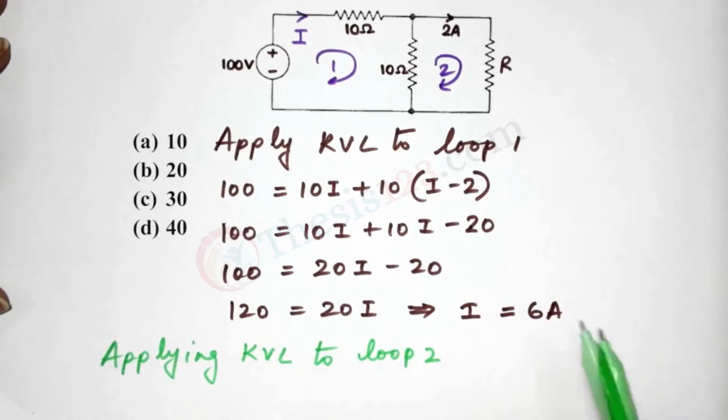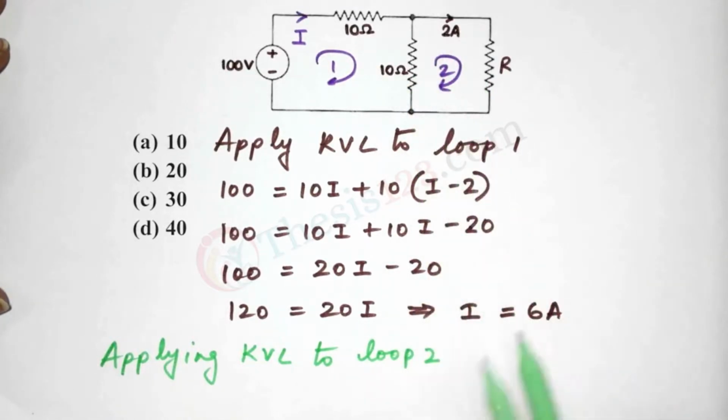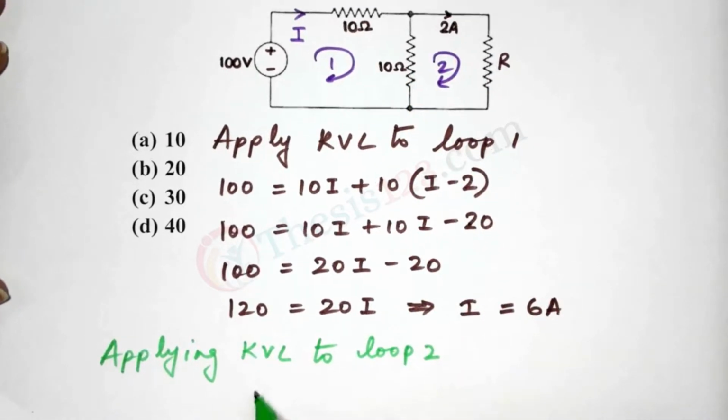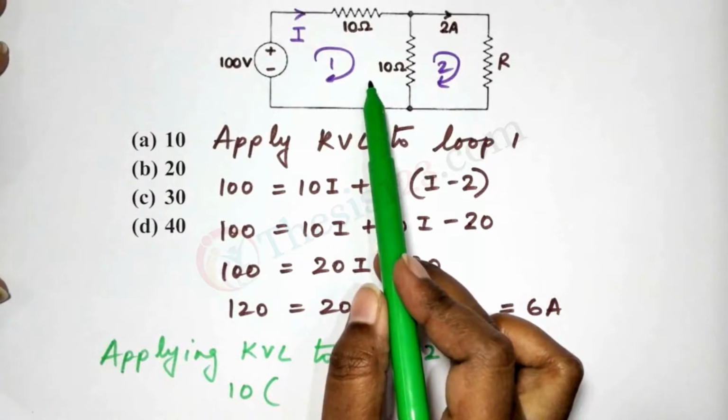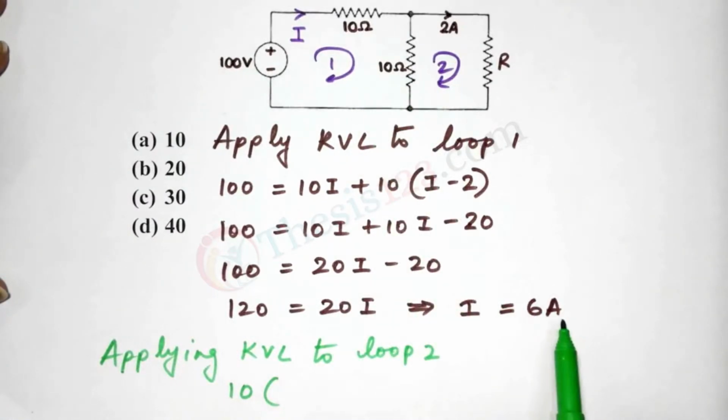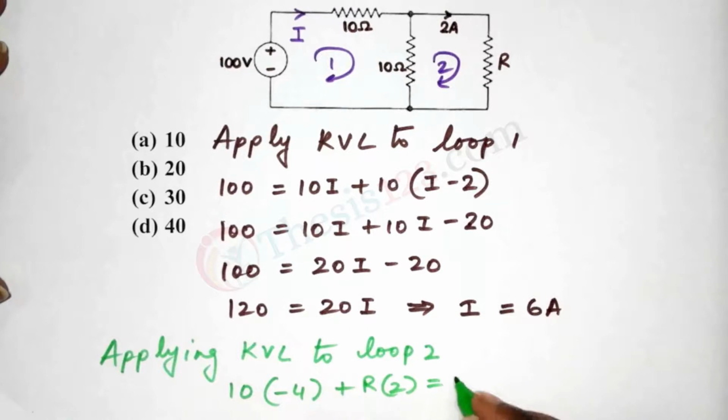Now when we do that, what do we get? We get here the expression 10 into (2 minus I). So 2 minus I would be 2 minus 6, which is minus 4, plus R times 2 is equal to 0.